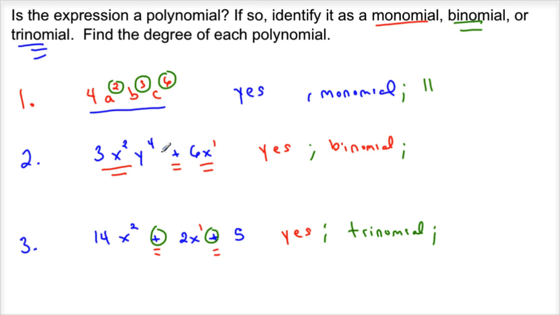Which one of these two terms has the highest? We see that this has a y to the fourth. This is the highest here, so I'm going to treat this the same way as I treated the first one. I'm going to add these two exponents together and get to the sixth power, I'm sorry, to the degree of 6.